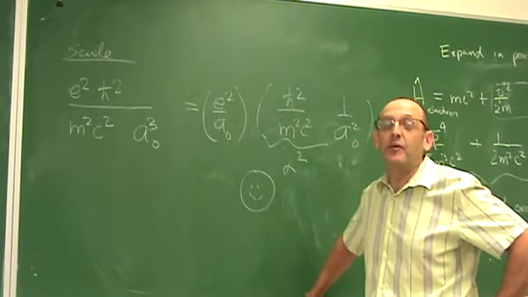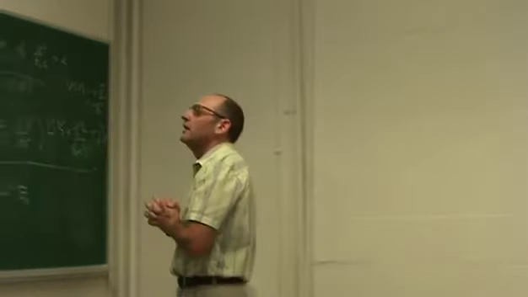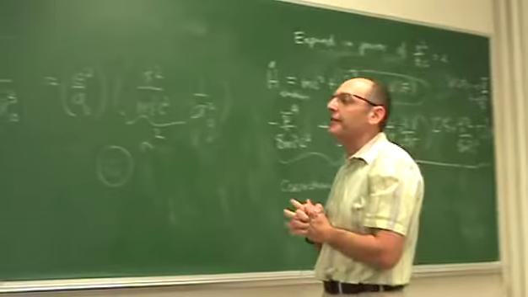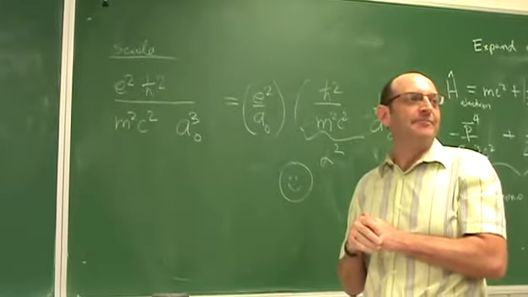All right, so we had the relativistic kinetic energy correction. We have spin-orbit coupling. What the heck is this term? Well, that's something we would never have gotten out of thinking about classical physics and then putting hats on everything.